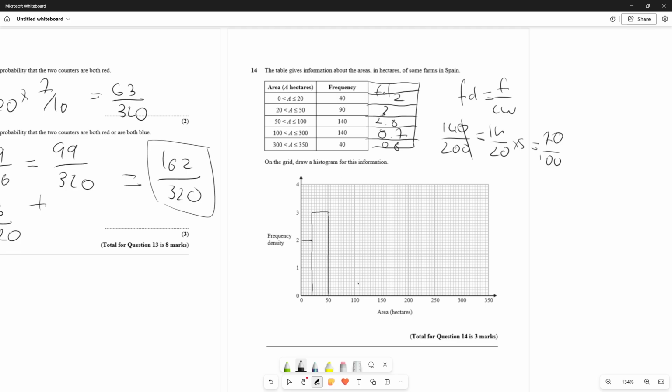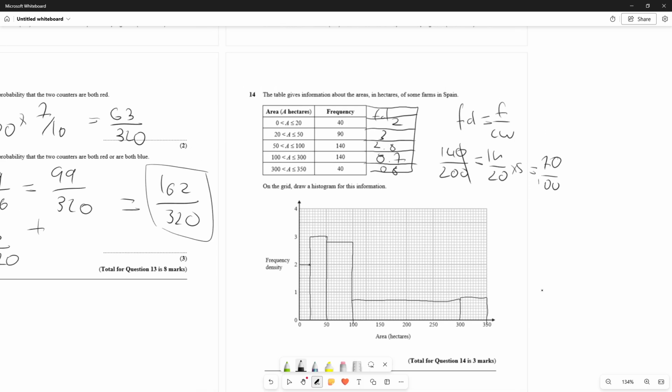Between 50 and 100, we go to 2.8, which is just a little less than 3. Of course, you should use your ruler when you're drawing boxes. Between 100 and 300, we go to 0.7. And then between 300 and 350, we go to 0.8, which is here. Nice. That's your histogram drawn.